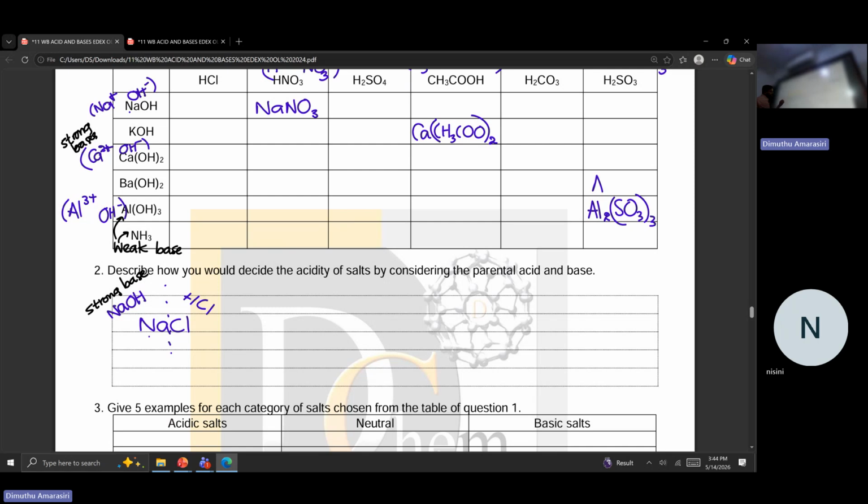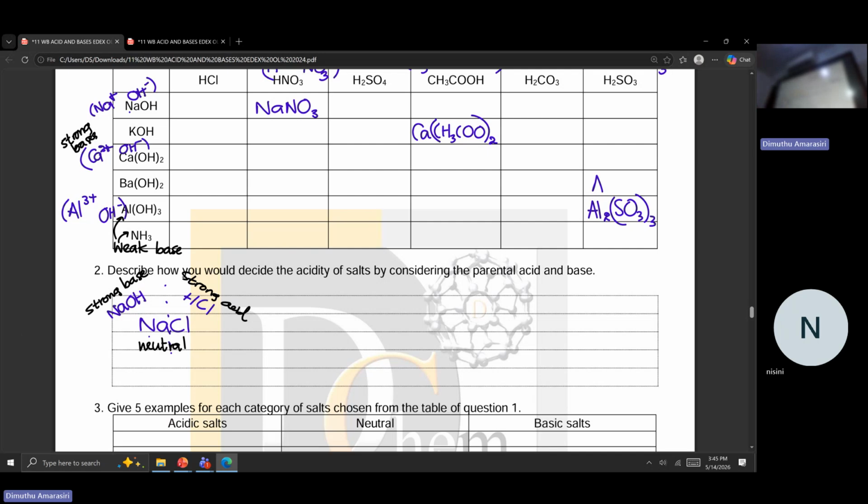So this is a strong base and this is a strong acid. Then you can decide what sodium chloride is. What is sodium chloride? Neutral. Right. Both are coming from strong acid and strong base, so it is a neutral salt.